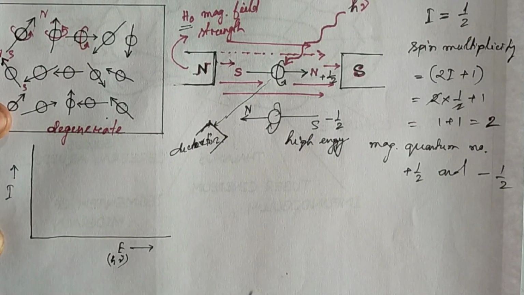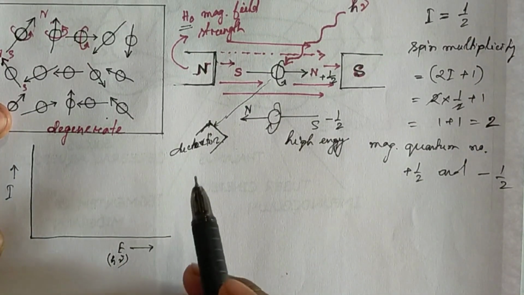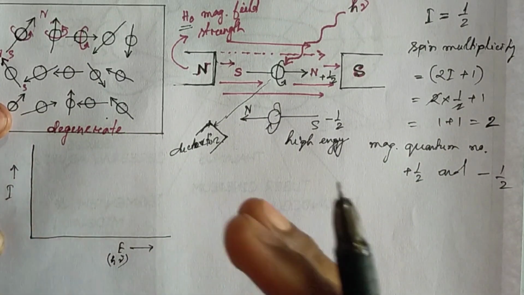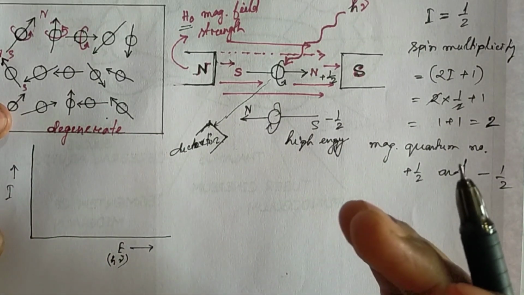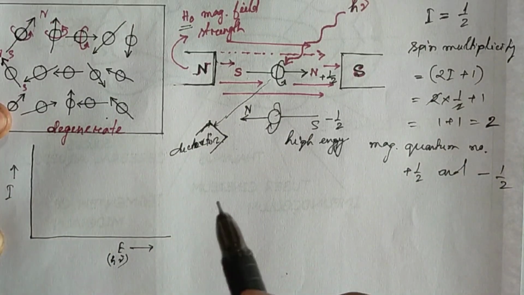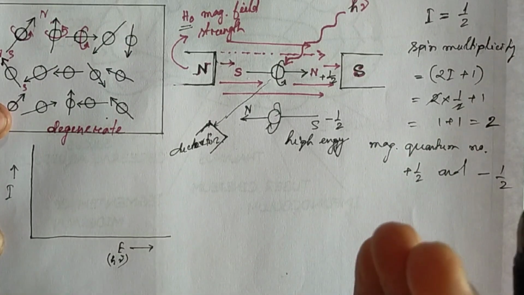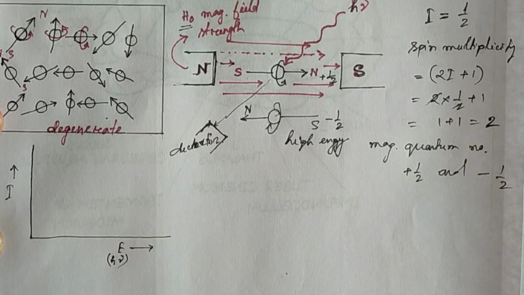Now if you plot a graph for this absorbance, you should know that NMR spectroscopy is an absorption spectroscopy. This is not an emission spectroscopy, this is absorption spectroscopy.